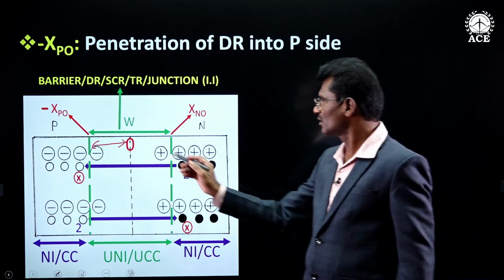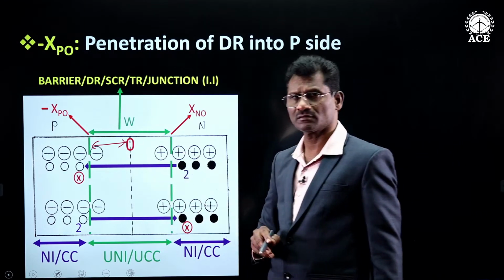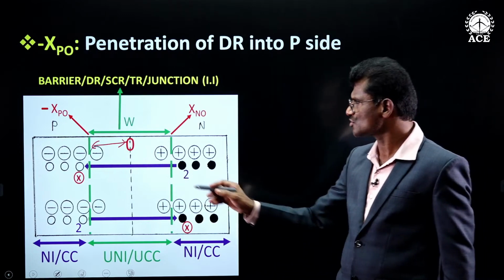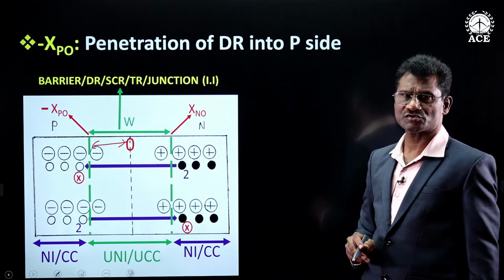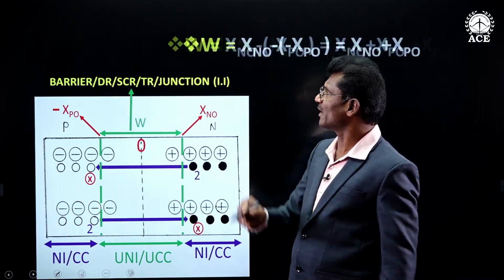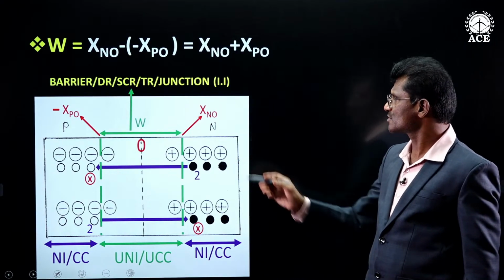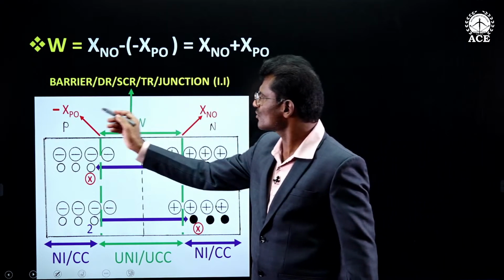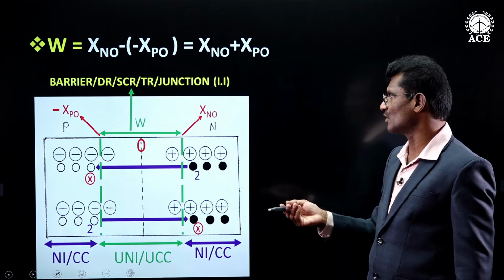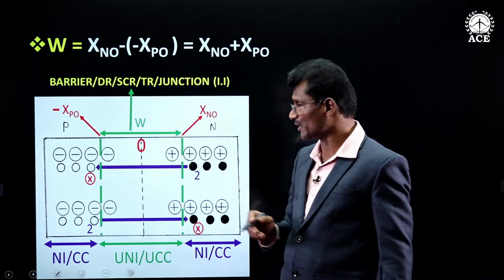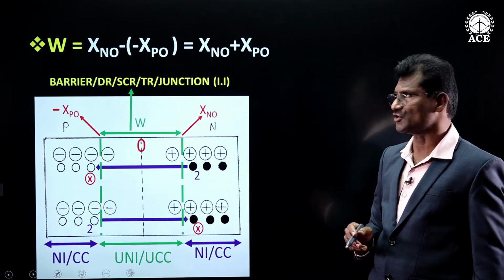As I said earlier, if the central dotted line, imaginary line, is assumed as origin, to the left side negative, to the right side positive. So from this diagram, W comes out as Xn0 minus of minus Xp0, which is equal to Xn0 plus Xp0, where the W is called as width of depletion region.